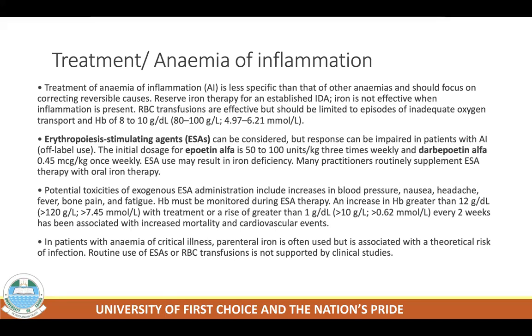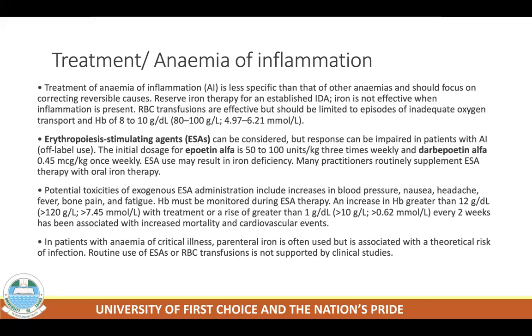Now, ESAs, that's erythropoiesis stimulating agents, may result in iron deficiency, because during anemia of inflammation, remember I just mentioned that it's due to suppression, not due to absence of substrate. But if you now stimulate the bone marrow to produce more red blood cells, you may end up using up the store of iron that the body has kept.